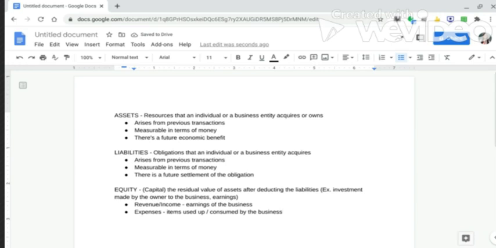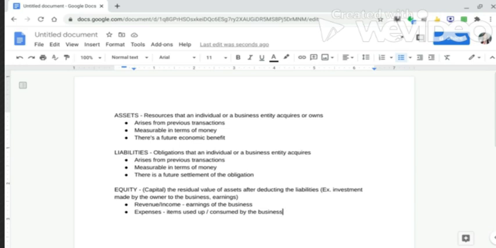So, not all items that a business buy is considered an expense. So, I want to emphasize here that when you say an expense, it should be items used up or consumed by the business. So, later on, you will understand why I describe expenses like this.